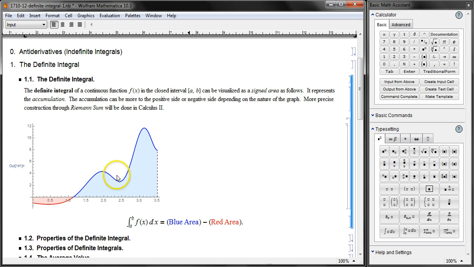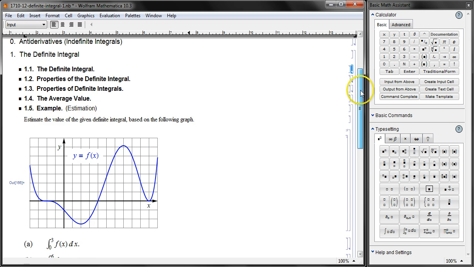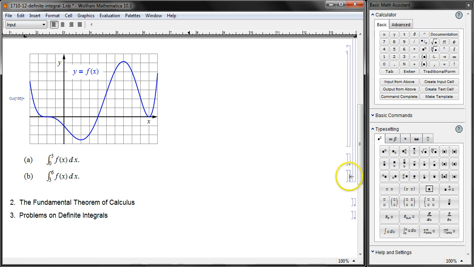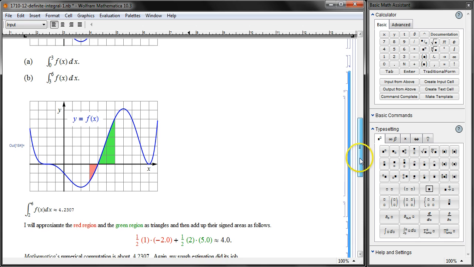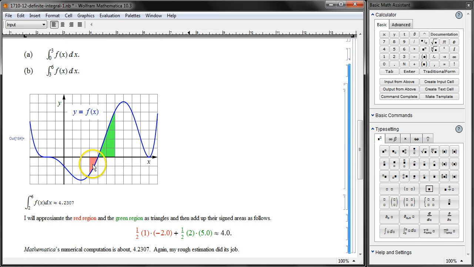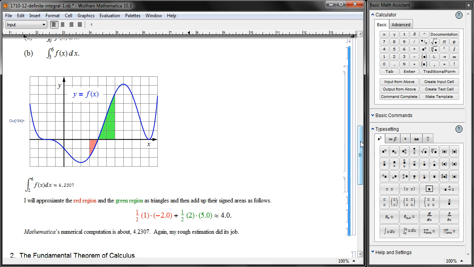Some red, some blue, add them together. Okay, let's do some shading. Here is a better picture. 3 to 4, so here's some red part, and 4 to 6, some green part, adding them together.